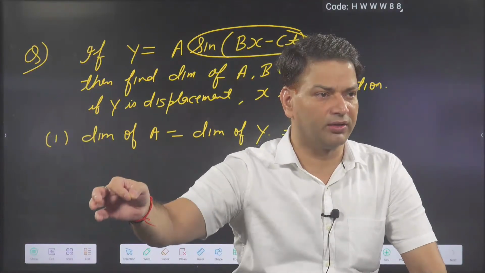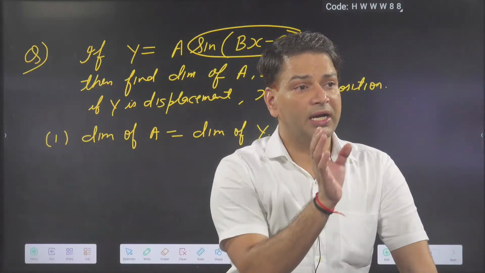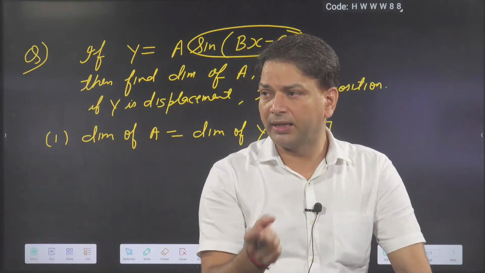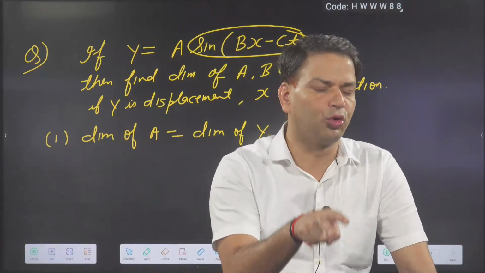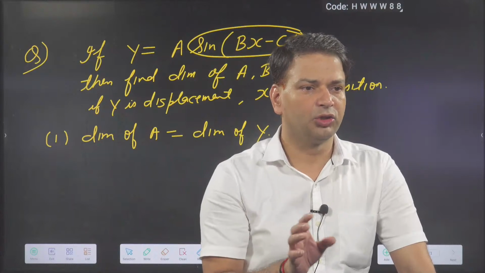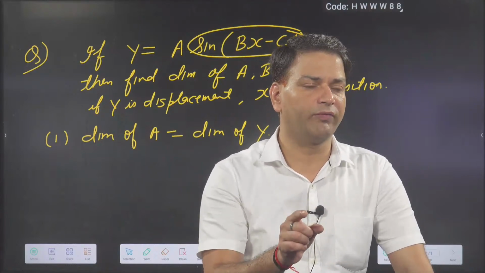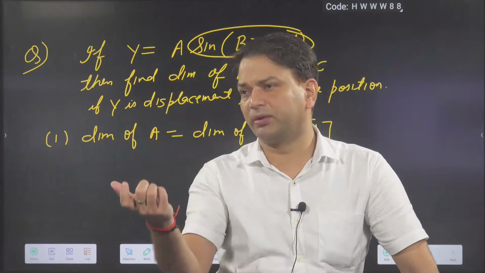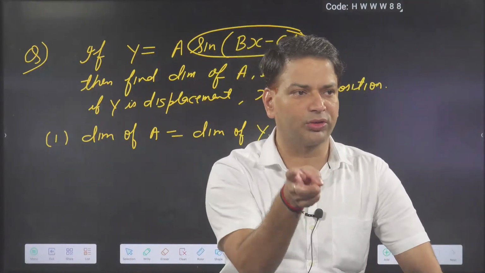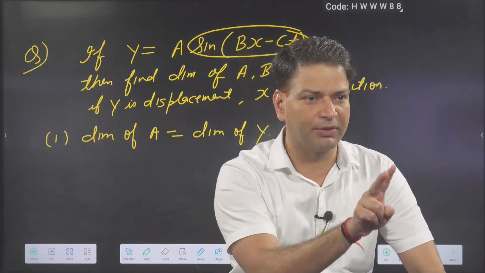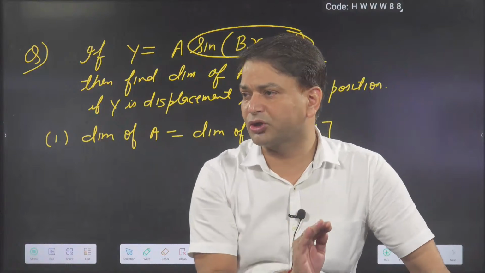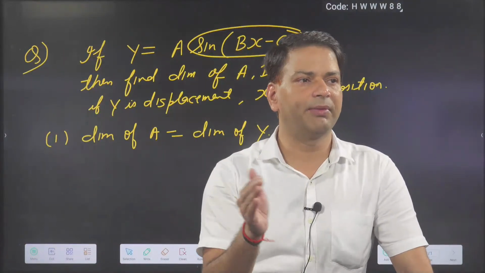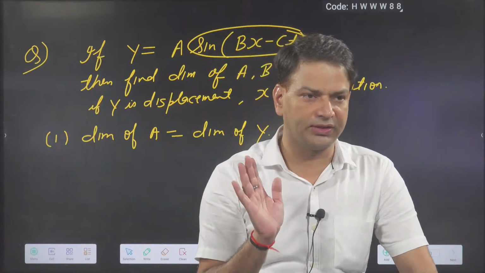You equate it with 1, because we need some mathematical relation between the dimensions of A and B. It means the dimensions of A and B are reciprocal of each other.